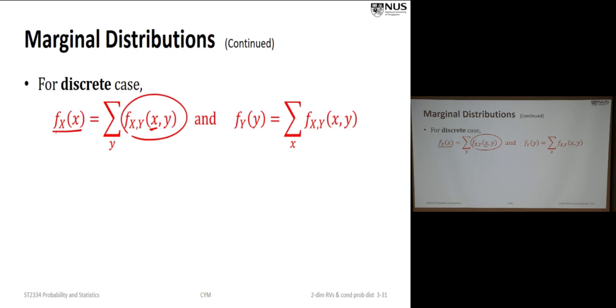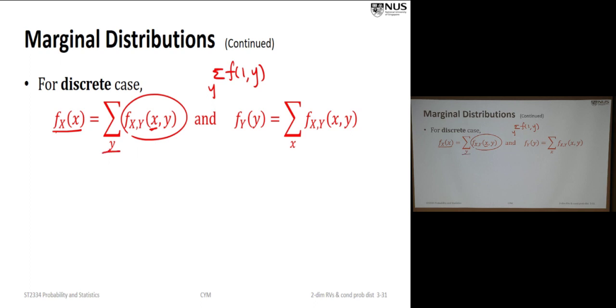So long as the x values are the same, say I'm interested in x equal to 1, I look at all of these. So long as you see x equal to 1, you get f(1, y). It doesn't matter what the y value is, so you just add them up. That is f_X at 1.